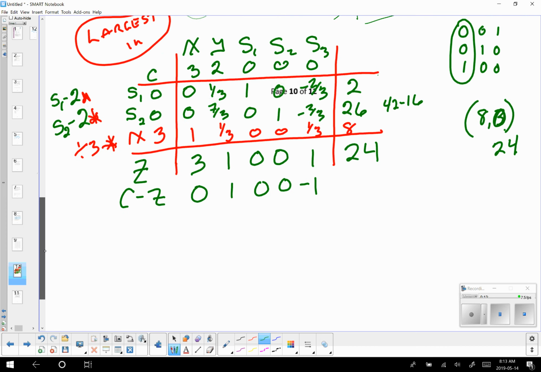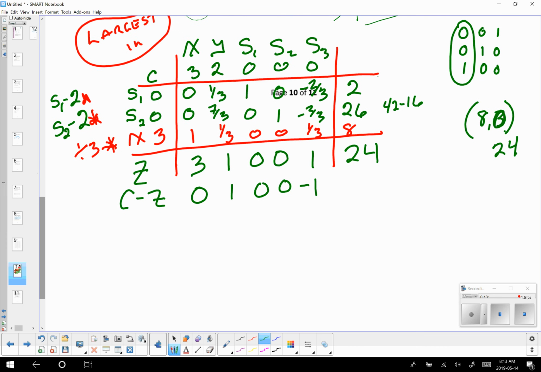I'm going to choose, well, I'm choosing this one. And remember, I'm dividing by the column. So 2 divided by a third is 6. 26 divided by 7 over 3 is approximately 11.